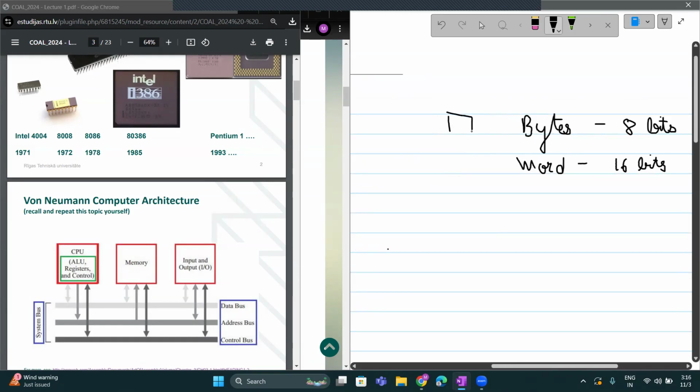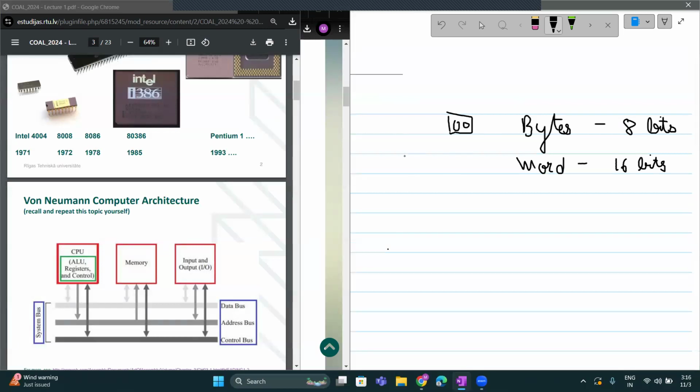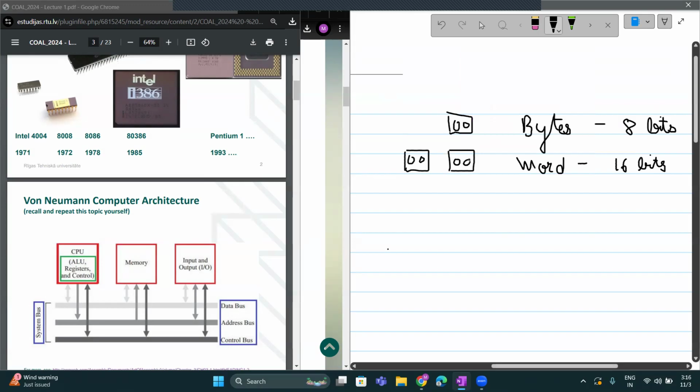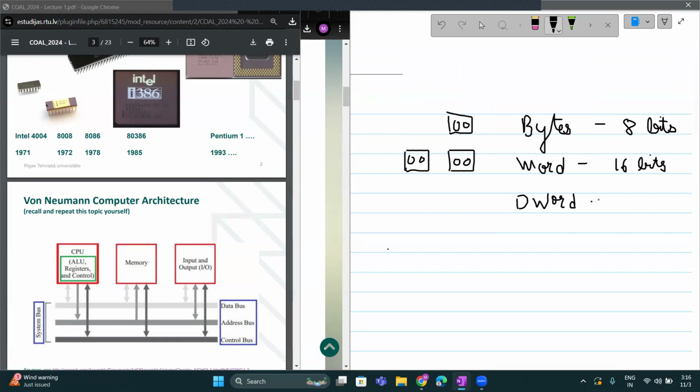So a byte is like this, with hexadecimal digits 1, 2, and a word is like this, 2 bytes, and hexadecimal digits will be like this. And a double word is 32 bits, and that is 4 bytes, and each byte has 2 hexadecimal digits.